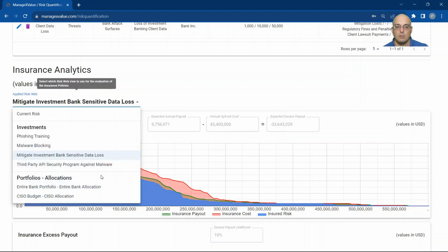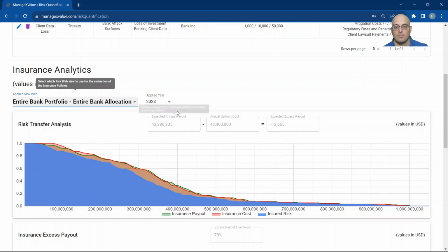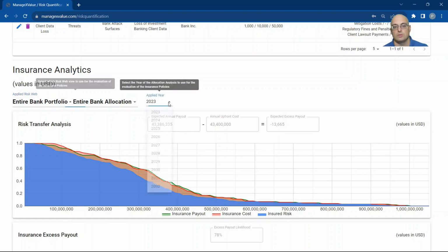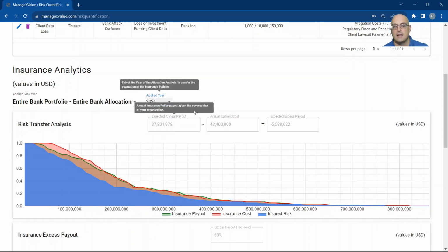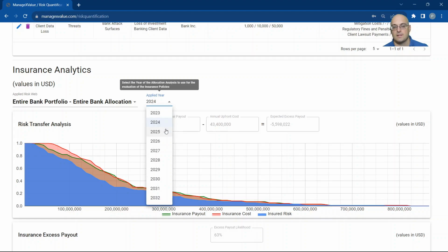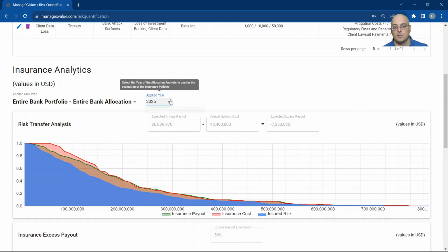Of course, if there are multiple investments the company actually considers or plans to execute, even though we will get into the portfolio evaluation details in future videos, what you see is that it enables you to look at your risk landscape over 10 years, over time, and then see how those investments, as you execute multiple of them, will change the overall risk landscape, and specifically in this case, the risk profile of the specific risk event that is under the coverage.